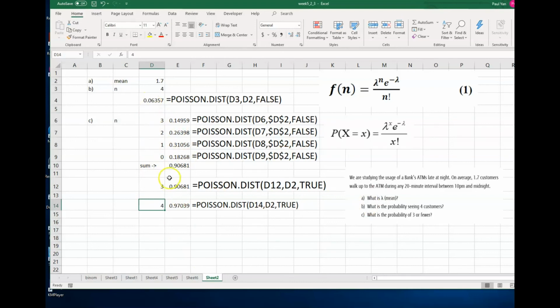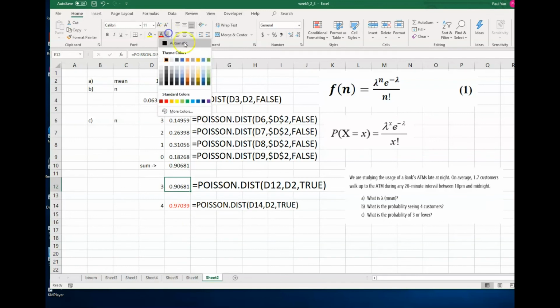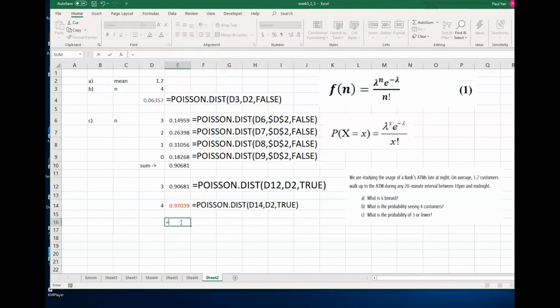If you look at here, this value should be the summation between the equal-to-4 value and the 3-or-less value. So it should be the summation of equal 3 or less plus equal 4. So these two should be the same.